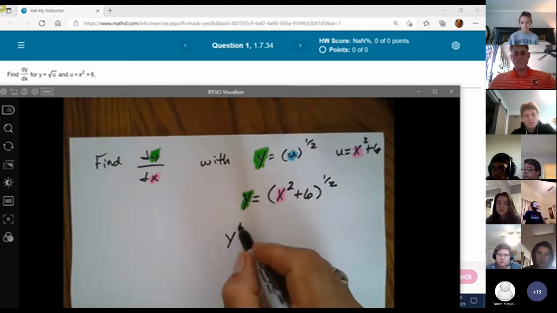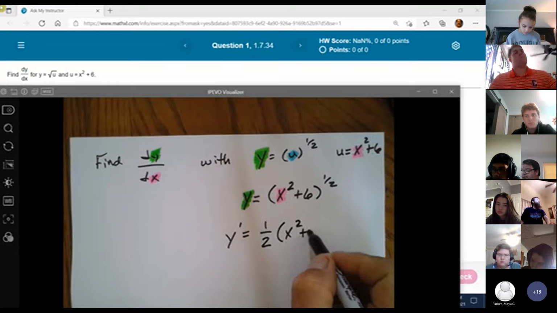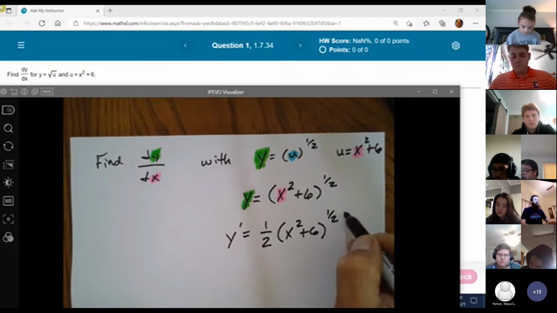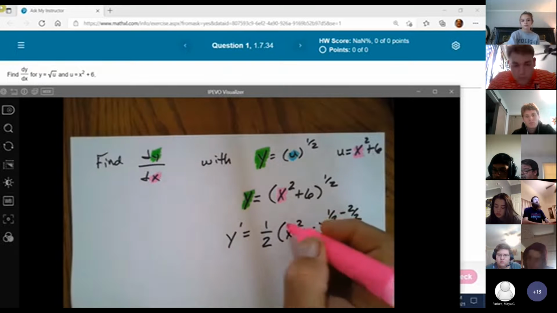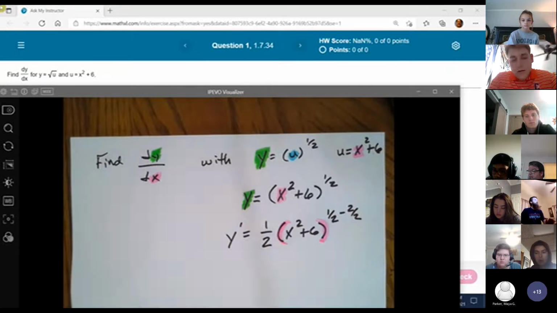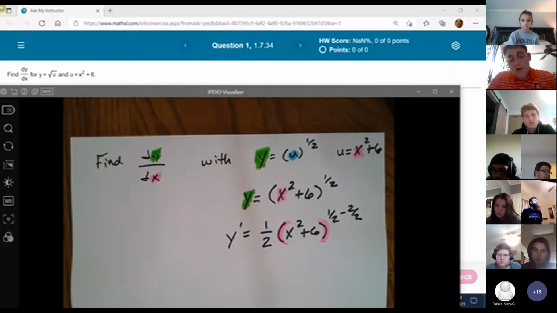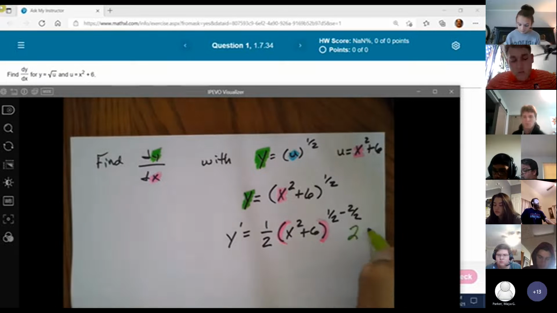So that's going to be y prime equals 1/2 times x squared plus 6 to the 1/2 minus 2/2. And then what do these pink parentheses mean? I got to take the derivative of what? What's inside. And what is the derivative of x squared? 2x. And I'm going to put a 2x right here in green.